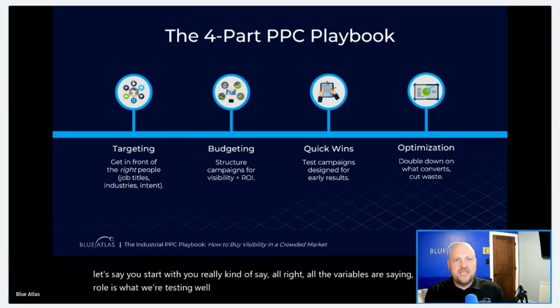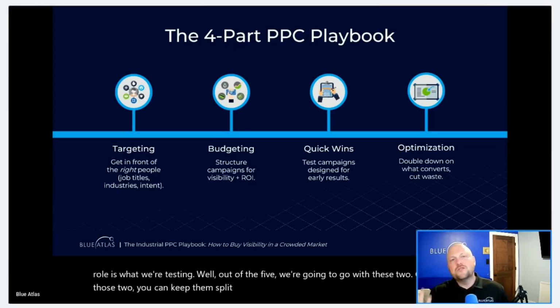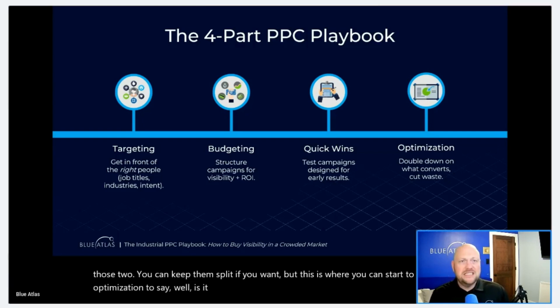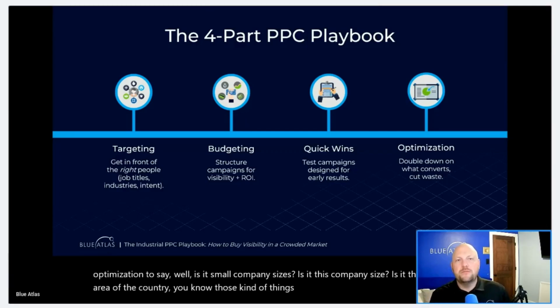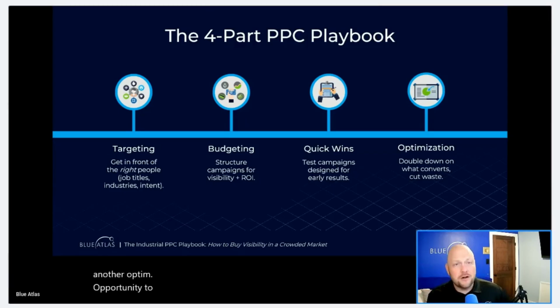Well, out of the 5, we're going to go with these 2. Great. Take those 2. You can keep them split if you want, but this is where you can start to do some optimization to say, well, is it small company sizes? Is it this company size? Is it this particular area of the country? Those kind of things start to play and give you another opportunity to optimize them better.